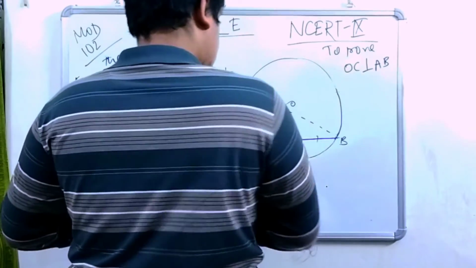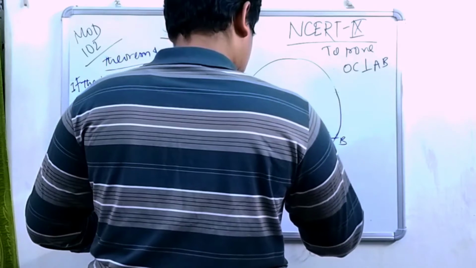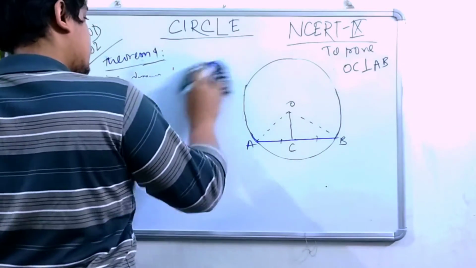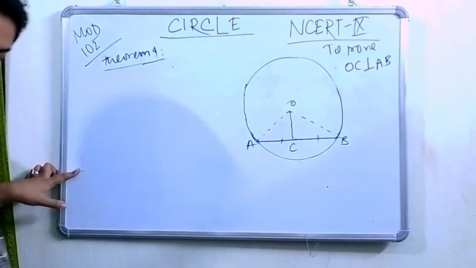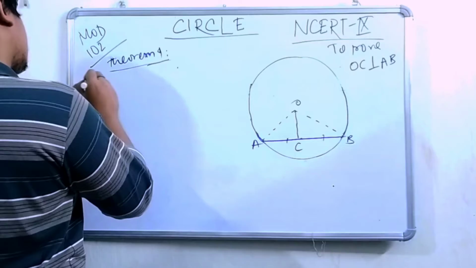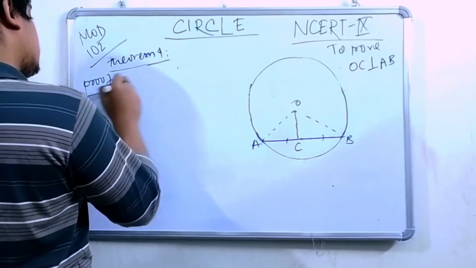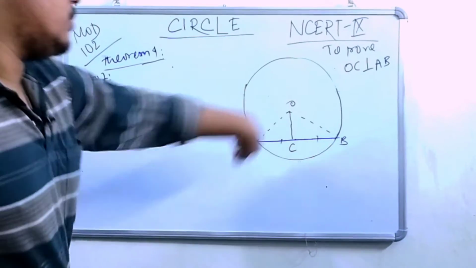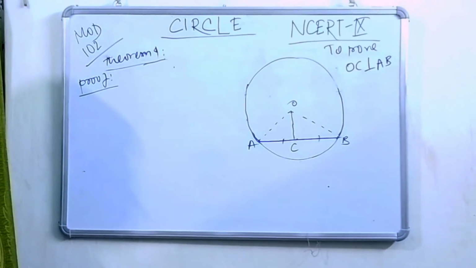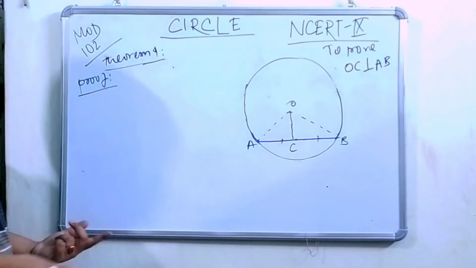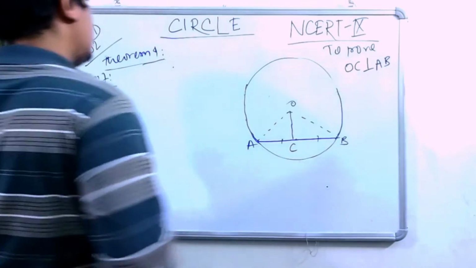Let's rub this one first. The drawing has been done, like I have drawn these two things, OA and OB, already drawn. This should not be there, you have to draw it, I just did it.